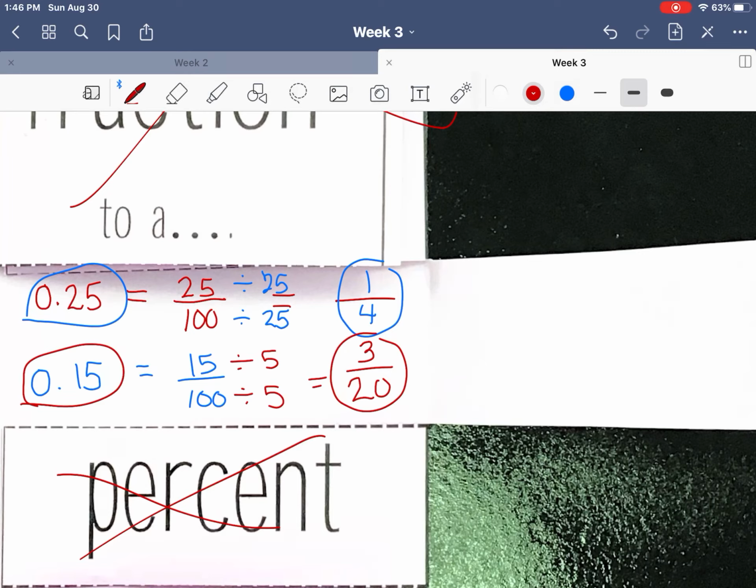Okay, so how do you change a number from a decimal to a fraction?